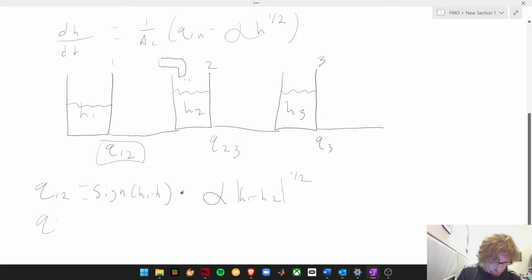So Q of 2 to 3, it's going to be the same thing. You want to take the sign of the difference in heights between the two tanks, between tank 2 and tank 3, multiplied by some proportionality constant.